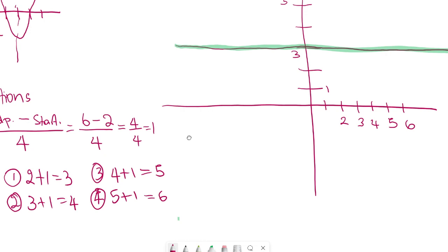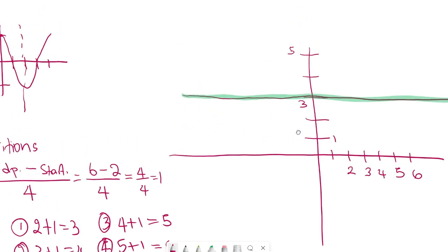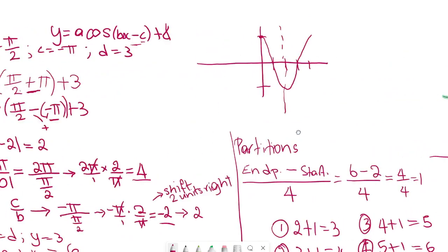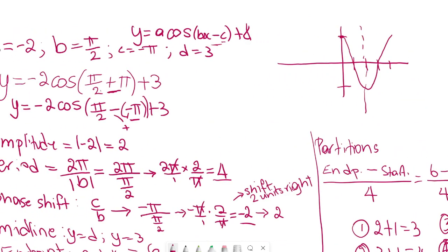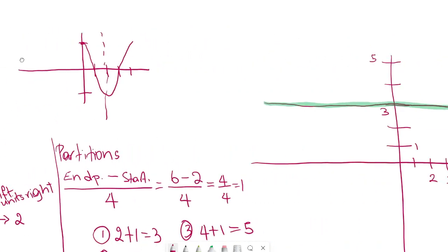Okay. Alrighty. So now we can graph. But one thing I want us to note here: the graph's A was actually a negative value. Recall, this is my original cosine function.